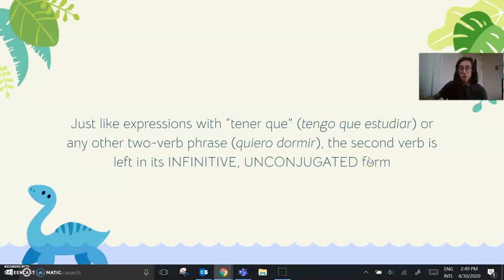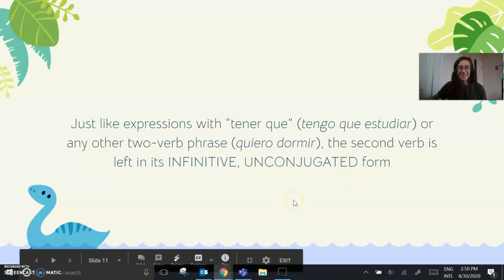Just like expressions with tener que, which we hopefully remember from earlier this year, or any other two verb phrases where verbs come right next to each other, the second verb that comes after haber, whatever you're saying it is necessary to do or that one must do, is in its infinitive and unconjugated form. And that is just following the same rule that we always follow in Spanish, that when one verb comes directly after the other, it should be in its infinitive form. There are exceptions, obviously, but this is not the time to discuss those.